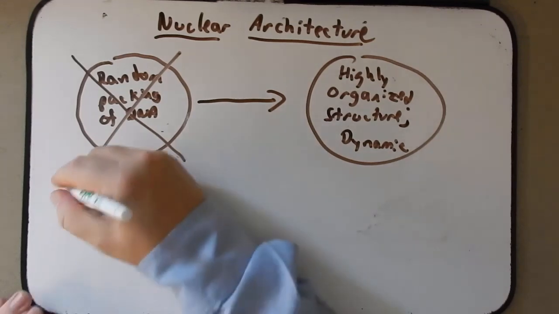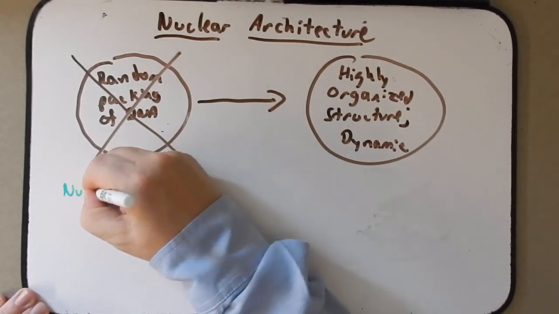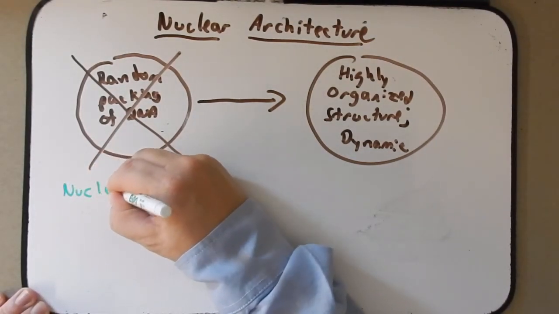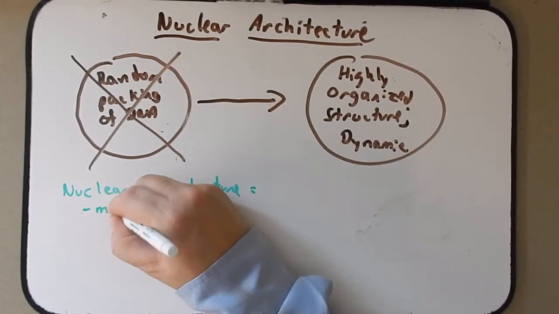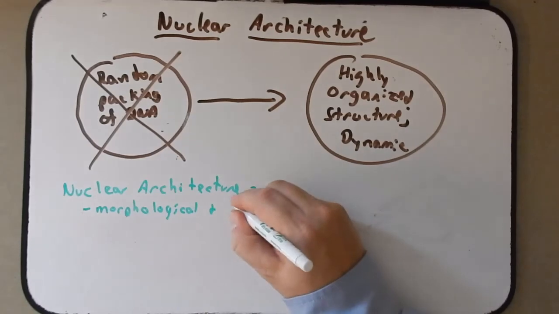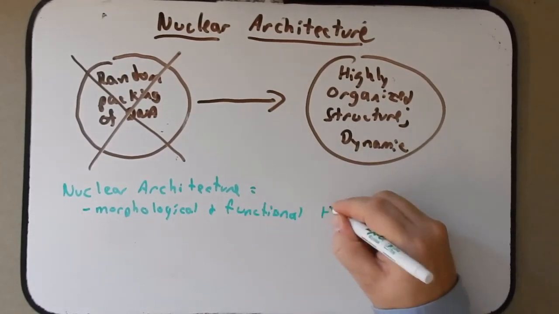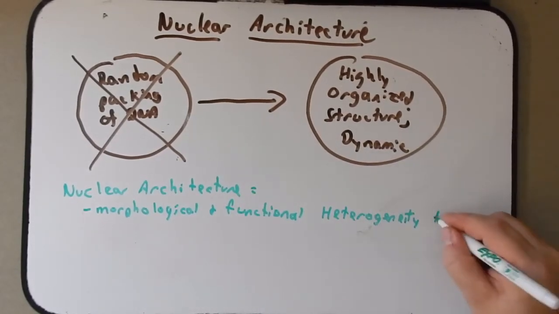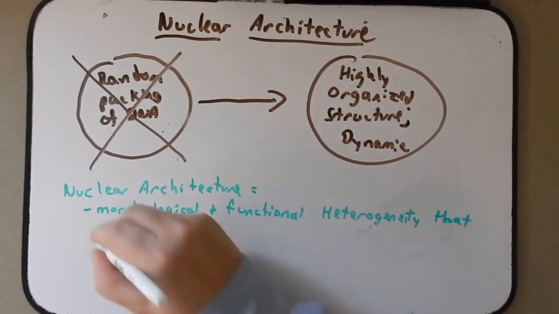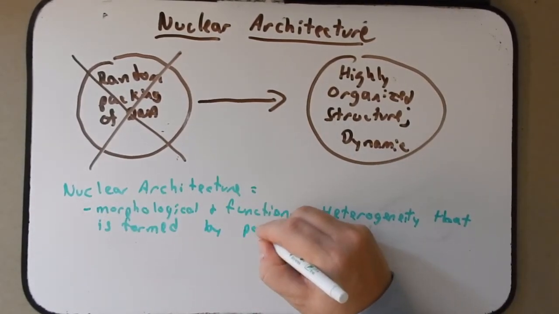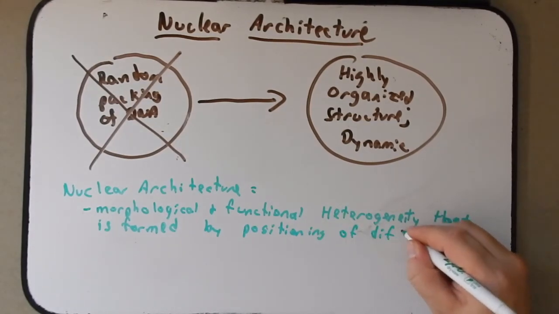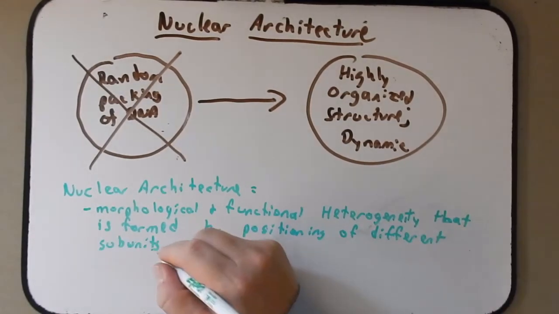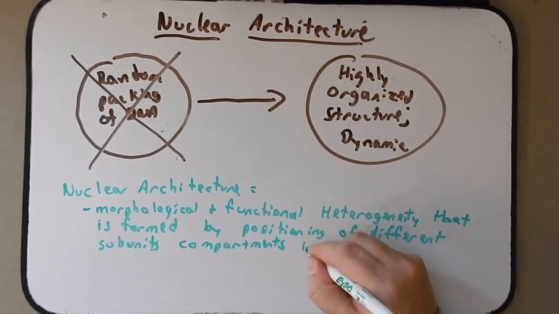But let's give it a more formal definition here. Your book describes it as such. It's the morphological and functional heterogeneity that is formed by positioning of different subunits or subunit compartments in the nucleus.